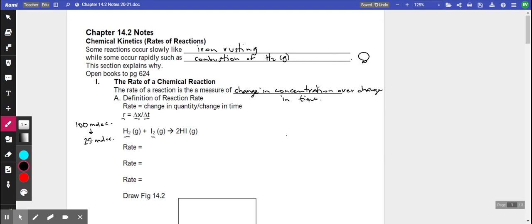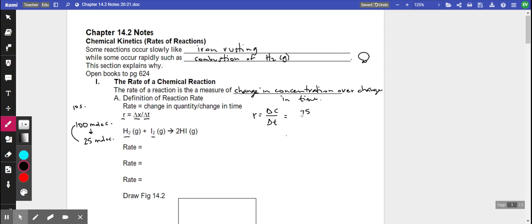And the change in time, I haven't told you, so we would need to know how long passed since this happened. And let's say that it took 10 seconds just to keep the numbers easy. So the rate of that reaction would be the change in concentration, or 75, rate equals delta C over delta T. And for this specifically, hydrogen, it went down by 75.